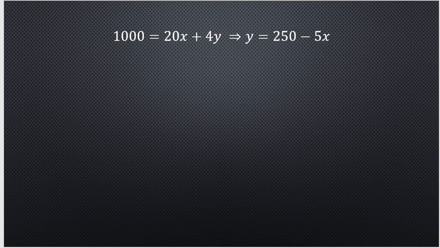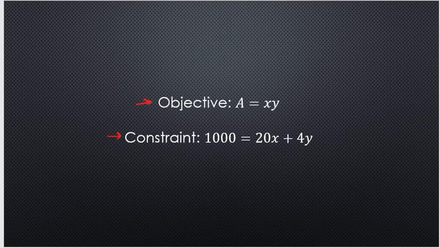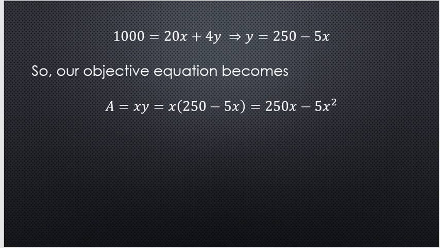I'm going to take this result and substitute into my objective equation. This whole thing right here is equal to y. So I'm going to substitute it in for y in my objective equation. And when we do that, area, which was x times y, is now x times the quantity 250 minus 5x, and this is 250x minus 5x squared.